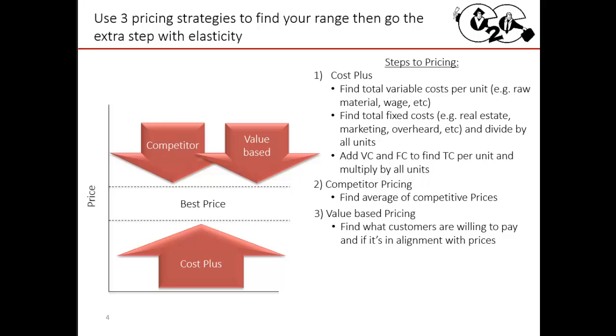Instead they look at what they're both charging and what customers are willing to pay. If customers are willing to pay $1 for a bottle of Coke, even though it costs maybe only 5 or 10 cents to make, now they know where to price it. Okay? Hopefully that makes sense. So you have three prices to look at: an absolute floor, which is cost plus, competitor prices, and value-based prices, or what customers are willing to pay.